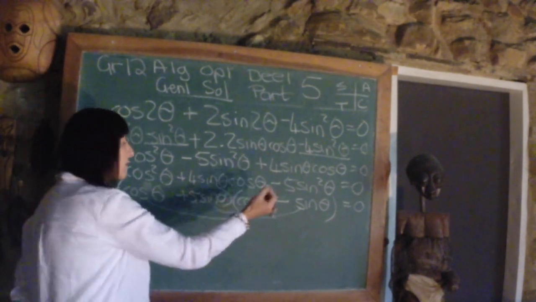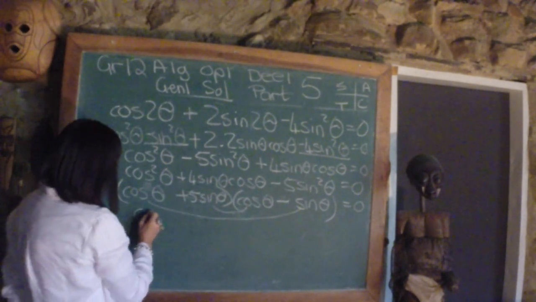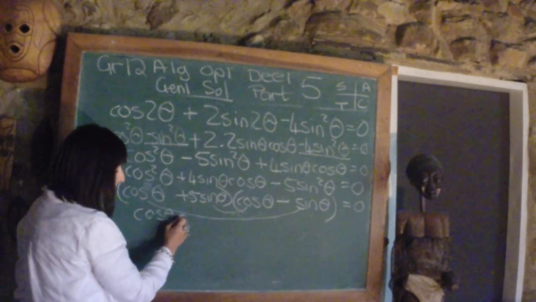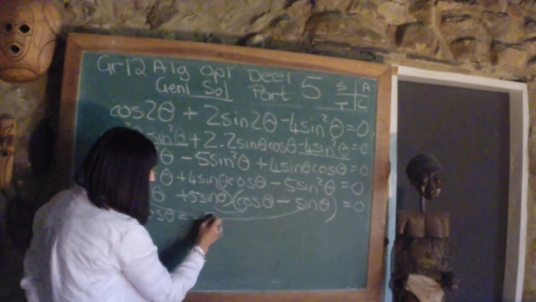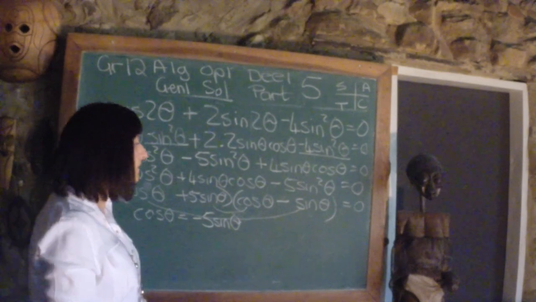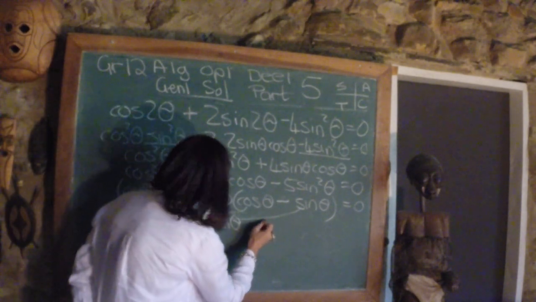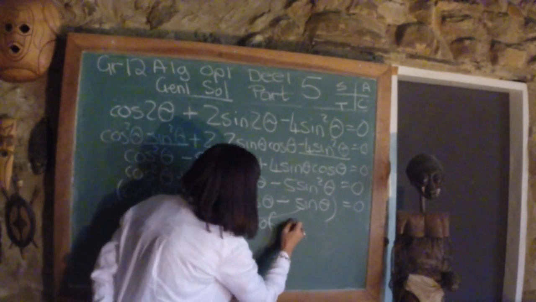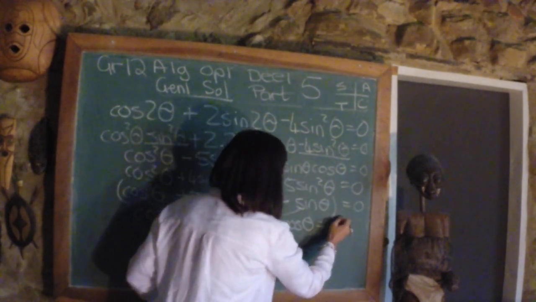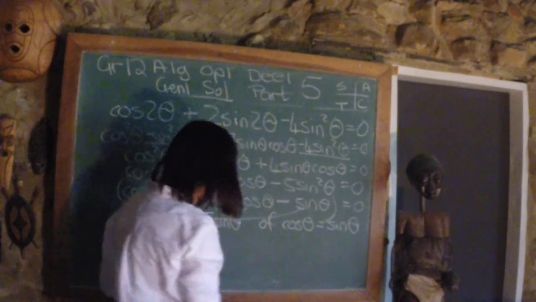So again, zero factor law. Cos theta plus 5 sin theta gives me 0. Therefore I can take that one to the other side of the equals, minus 5 sin theta, or cos theta equals, to the other side, sin theta, zero factor law.